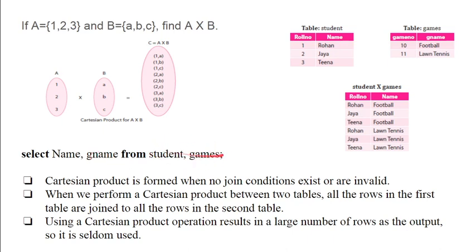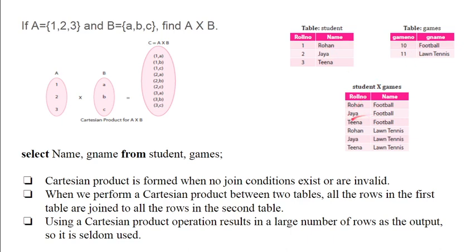So this Cartesian product will create a new table, that is student cross games. We want two columns, name and gname. So first it will create Rohan football, then Rohan lawn tennis, then Jaya football, Jaya lawn tennis, then Tina football, Tina lawn tennis.